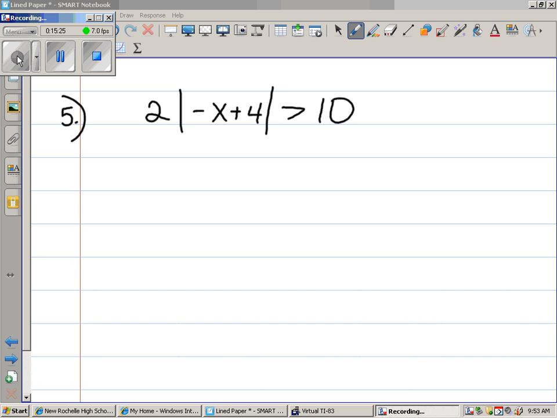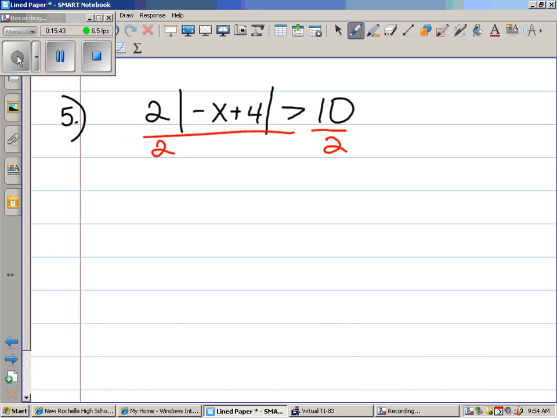All right. Problem number 5. What's the thought process? What do you do first? Isolate the absolute value. So you just divide both sides by 2.